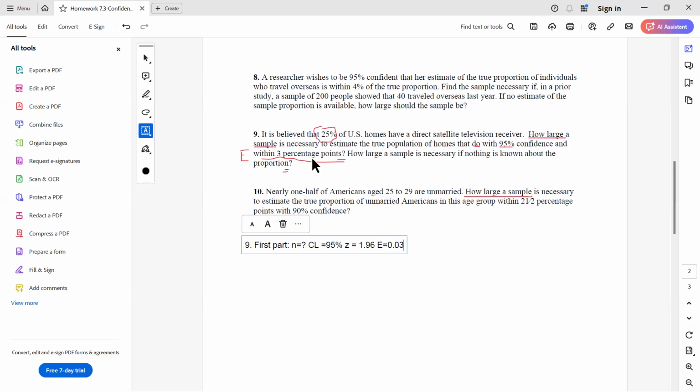If it didn't have percentage points, it just said 3 cookies or 3 units or 3 receivers, okay, then you could do something with that. Like if you look back at some of the means, it'll say to estimate the true number of cookies within 3 cookies or something. But if it says percentage points, use the decimal. Okay.